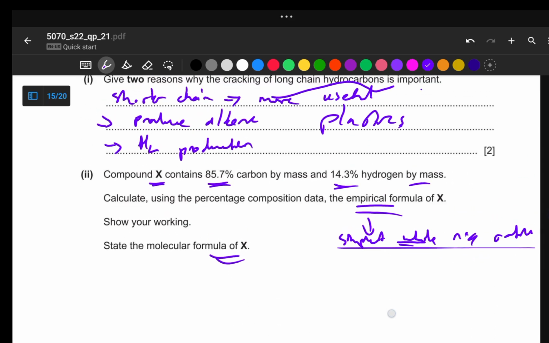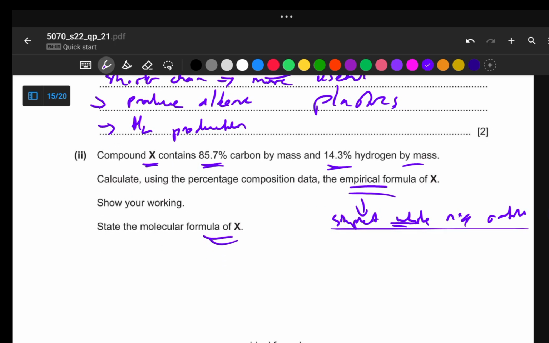So first we are going to start by calculating the empirical formula. We have carbon and hydrogen, and we write the abundance, 85.7 here and 14.3 here. We are going to divide with the AR, the atomic mass on the periodic table. So 85.7 divided by 12, we are going to have 7.141666, and then 14.3 divided by 1 is 14.3.